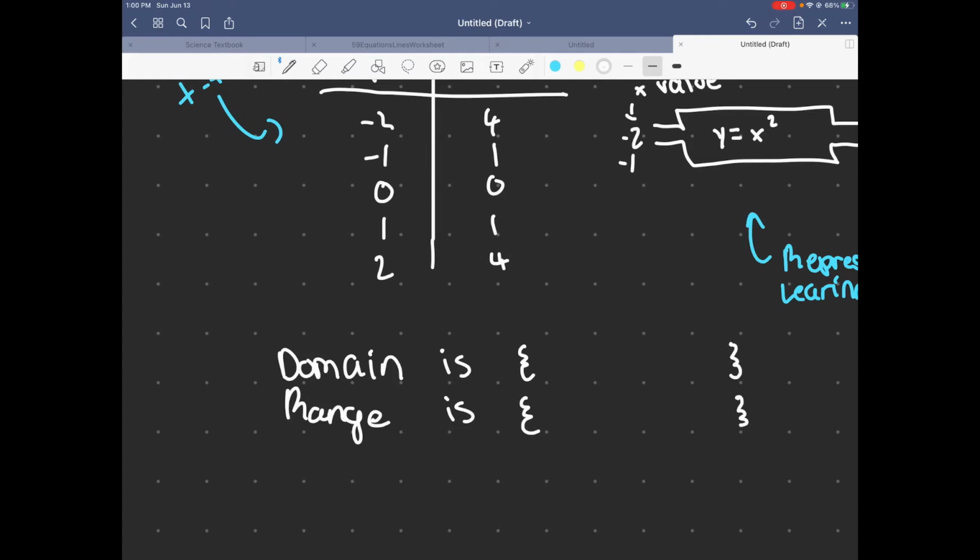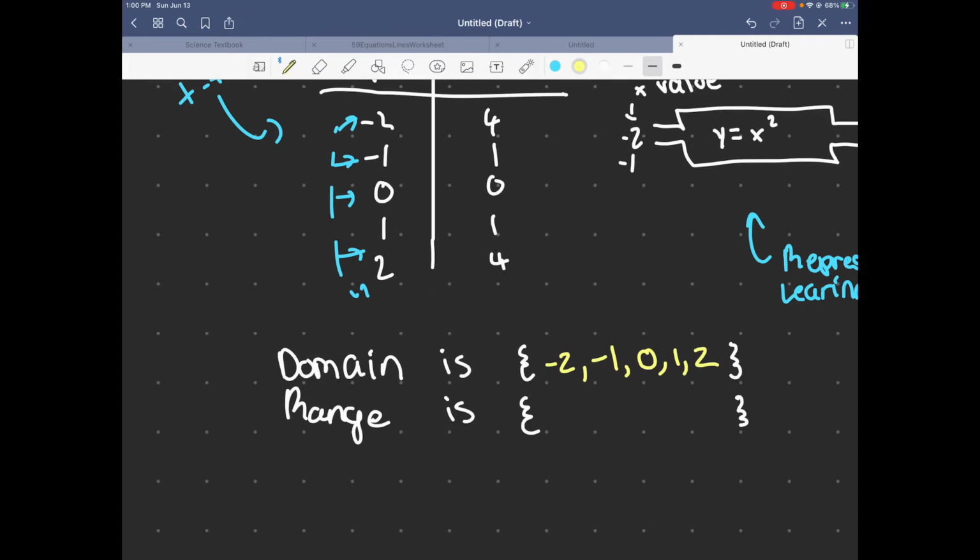So all of my terms here, if I would write them, I would get -2, -1, 0, 1, 2.